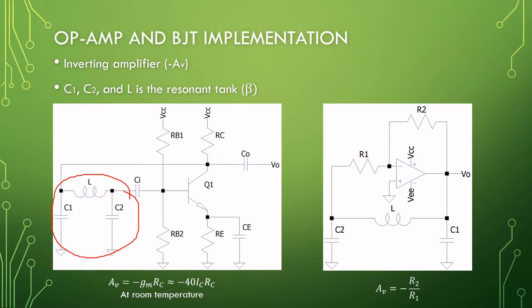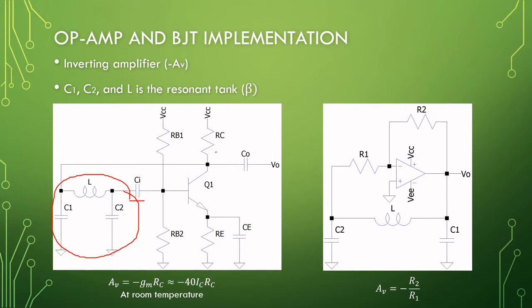And this is our frequency selective network, also called the resonant tank circuit. For the BJT, we require some bias and there is some DC involved. So we need to include a DC blocking capacitor here at the input.